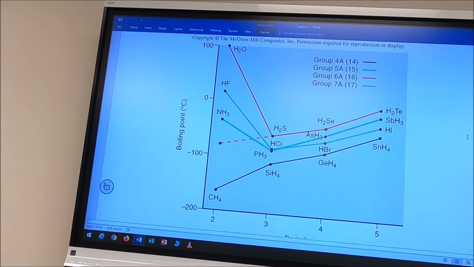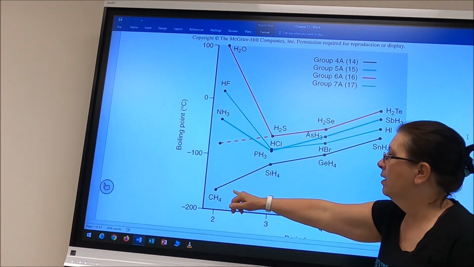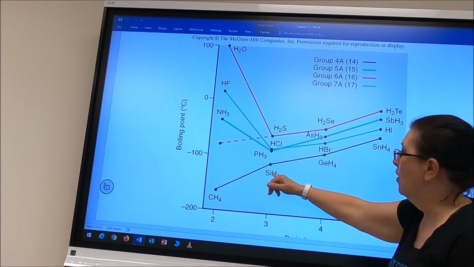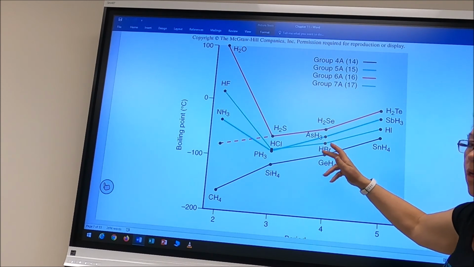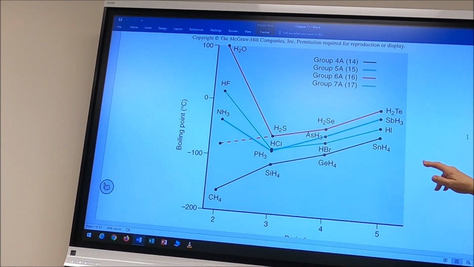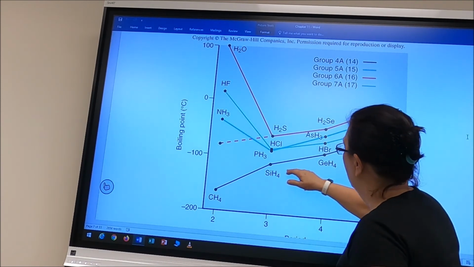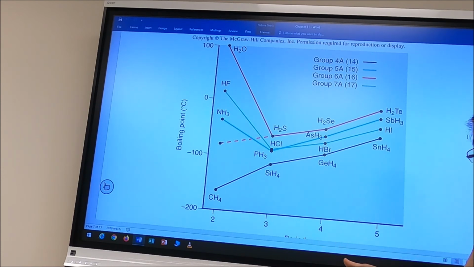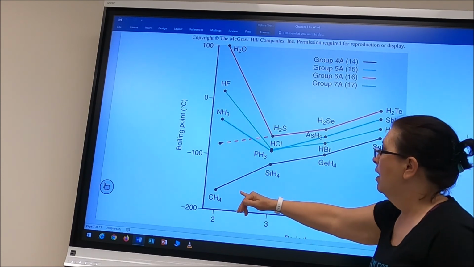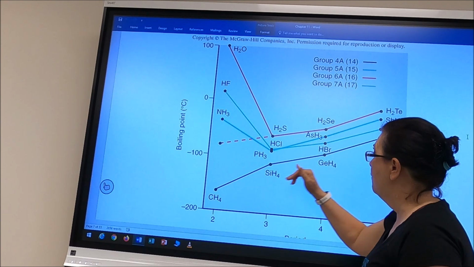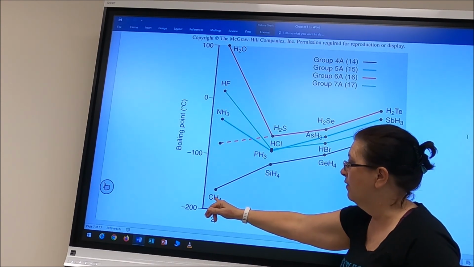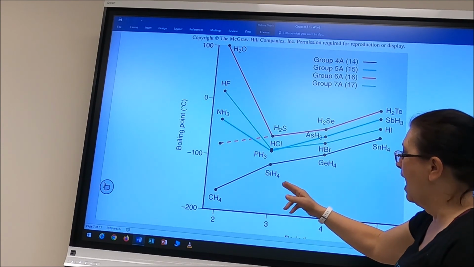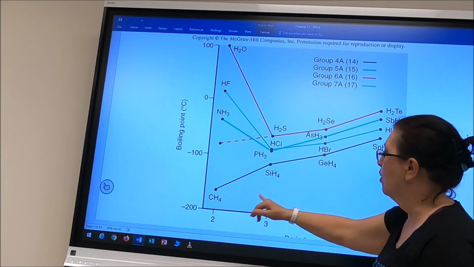Now, if we look at this graph, I want you to notice there's a trend. If I look at CH4, SiH4, GeH4, SnH4, carbon, silicon, germanium, tin, they're all members of the same family, the carbon family. And I have the same formula, 1 to 4, 1 to 4, 1 to 4.